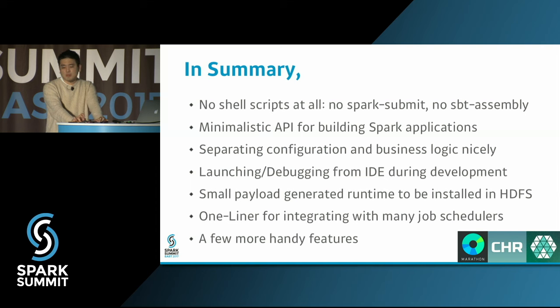And the separation of concerns, the configuration, business logic, and also the execution are covered in separate components, and being able to launch from the IDE, and also a small payload generated using dependency analysis, and the one-liner for deploying the application in either Marathon, Kronos, Aurora, or Jenkins, and a few more handy features I just saw.